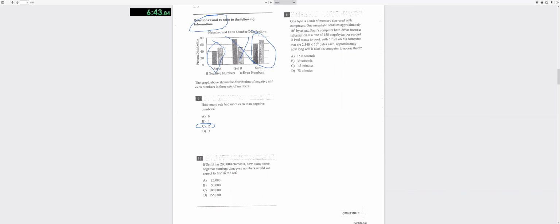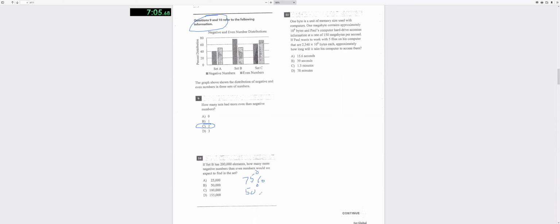Number 2. If set B has 200,000 elements, so this is just percentage up here, we don't actually know how many there are. So we're going to say that, well, there's actually 200,000. How many more negative than even? Well, negative was about 75%. Even was about 50%.